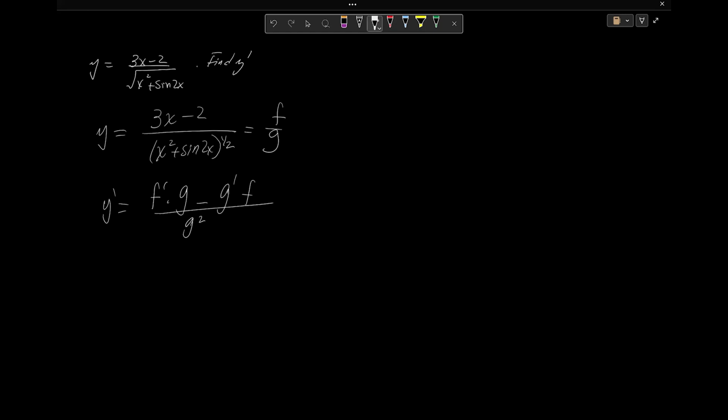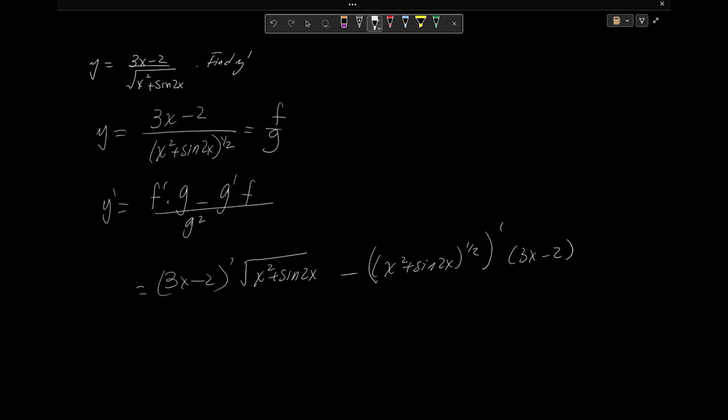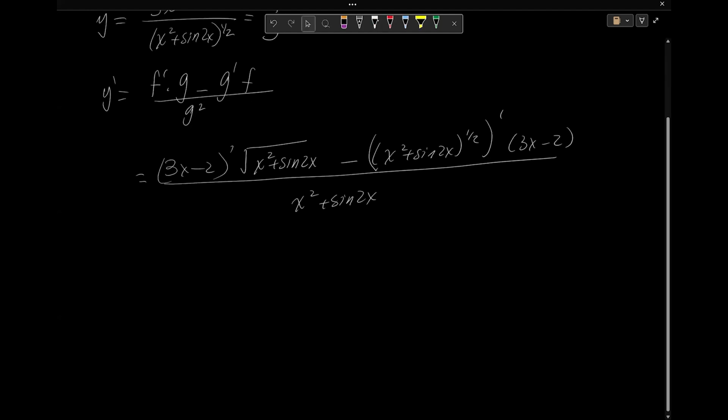So let's see. Top is 3x minus 2. 3x minus 2 prime times the bottom minus derivative of the bottom times the top over bottom squared.